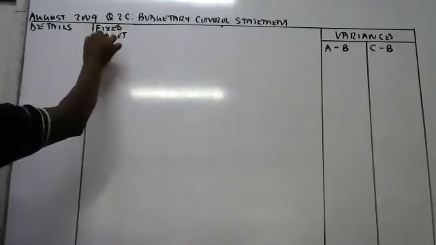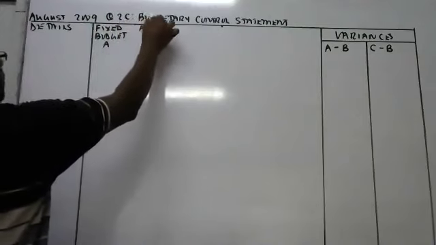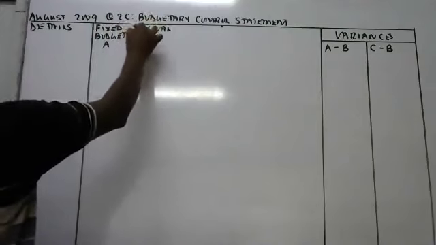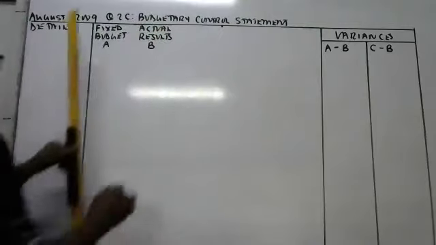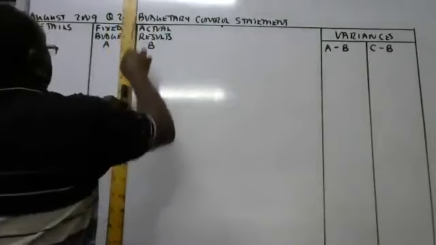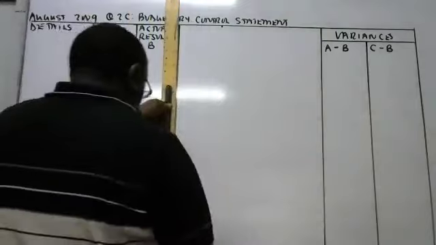And I want us to call it A. Then we have actual results, which I want us to call B. So easy as equal because we are just copying those values as they are given there.